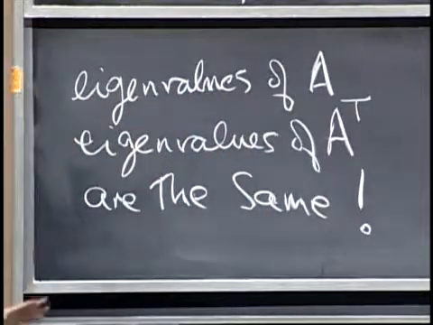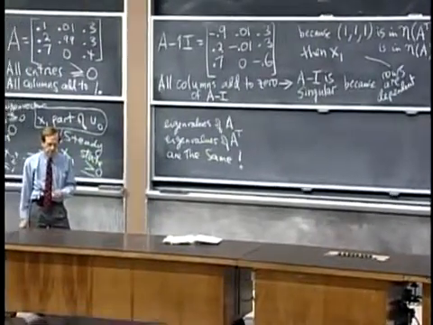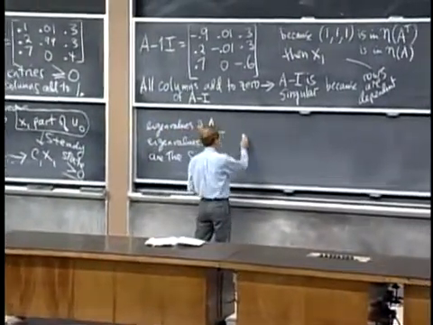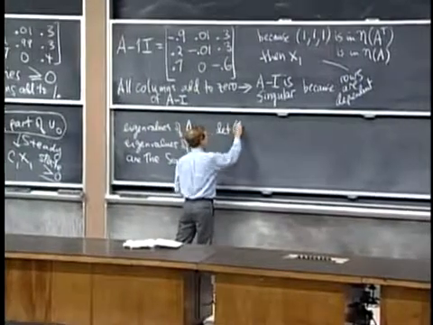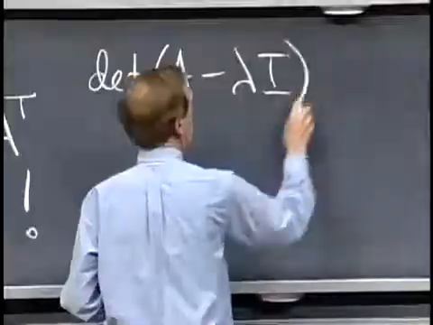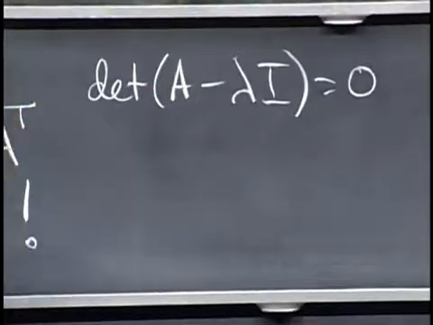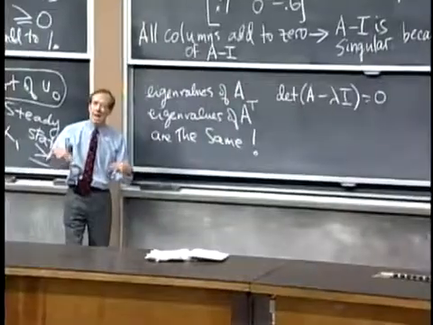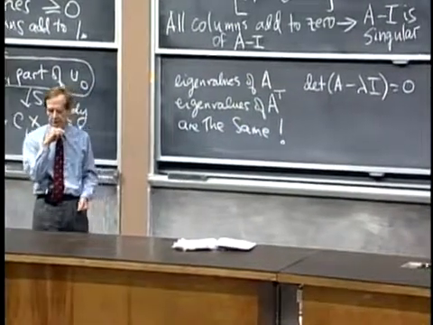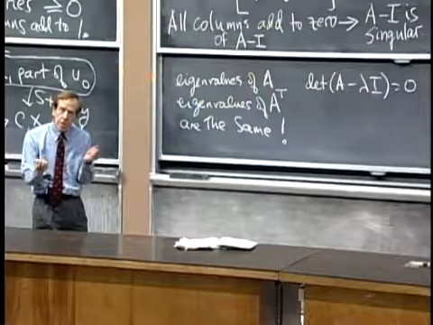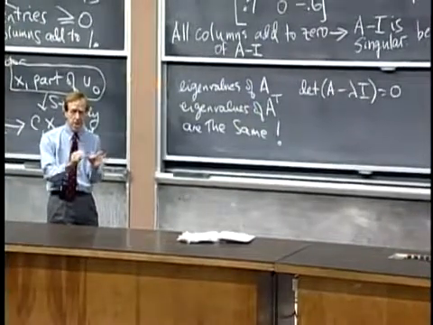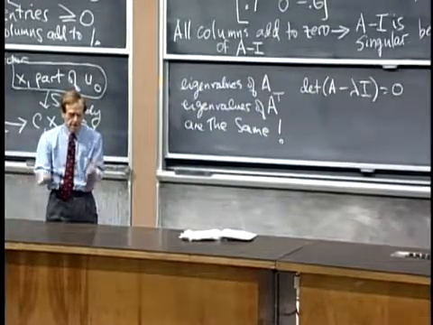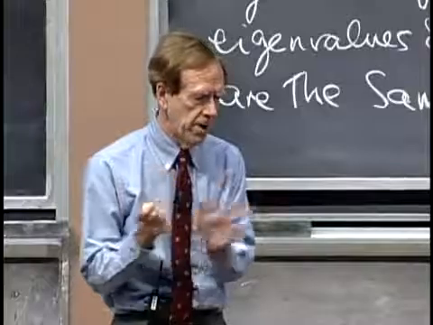And can I just review why that is? So to find the eigenvalues of A, this would be determinant of A minus lambda I equals 0. That gives me an eigenvalue of A. Now, how can I get A transpose into the picture here? I'll use the fact that the determinant of a matrix equals the determinant of its transpose.